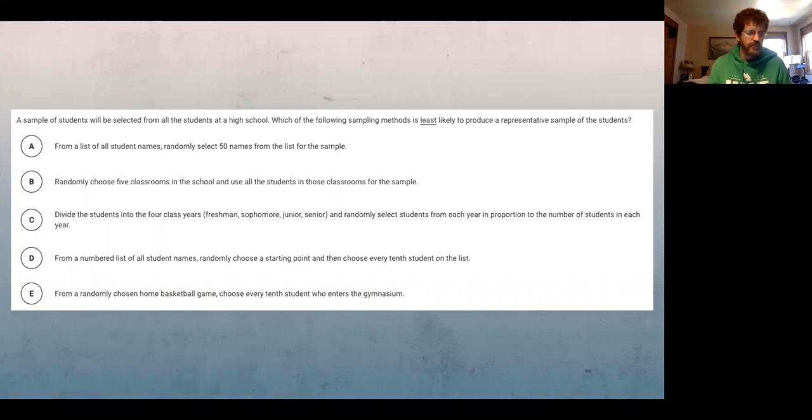All right, so just a couple things to talk about. All student names, this is your sampling frame. So that represents your population, or the group of participants that you could draw from the population, I guess is maybe a better way of talking about it. But we could kind of say that this is basically the population. And what kind of sample is this? Can anyone give a name to that?